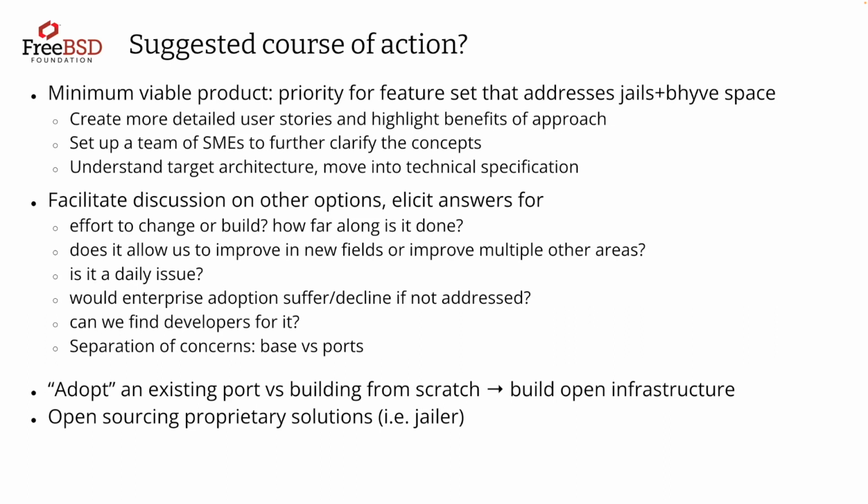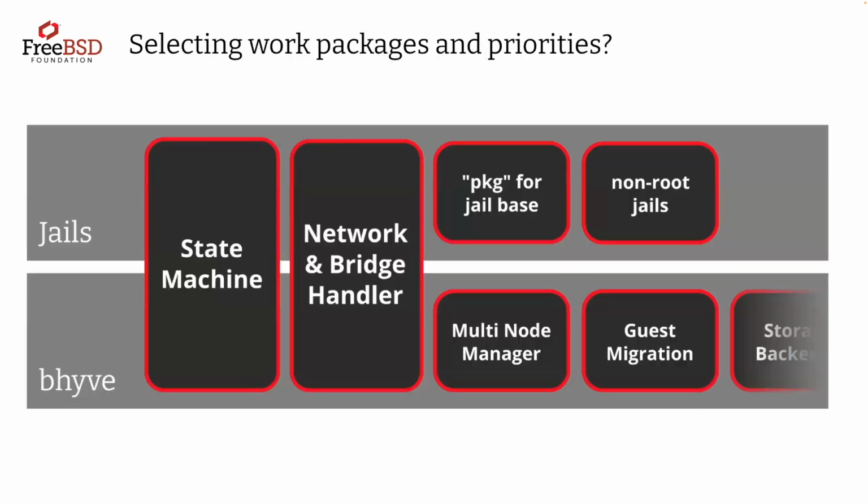On the next slide, I tried to put this into a graphical perspective. If we have two streams, one for jails, one for bhyve, there's a state machine component, and there is a network and bridge handling component, because we've had that also in previous conversations, that if we take vm-bhyve and we take BSDJail, they don't really operate well when it comes to the network side.